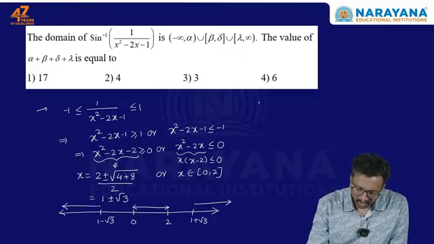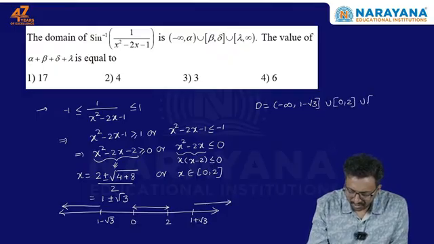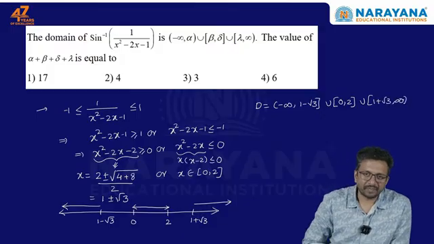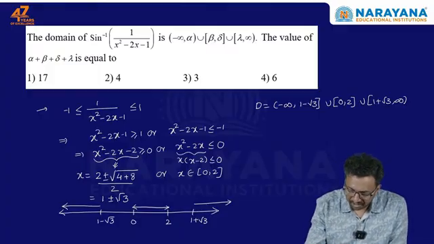So what is the complete domain? Domain is equal to minus infinity to 1 minus root 3 union 0 comma 2 union 1 plus root 3 comma infinity. So it's exactly of the form that is given in the question.